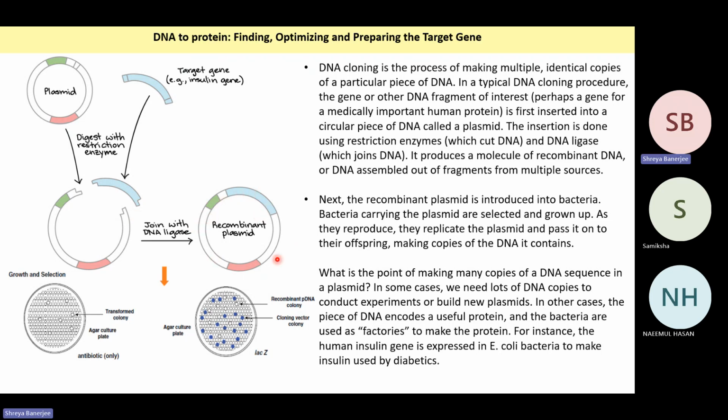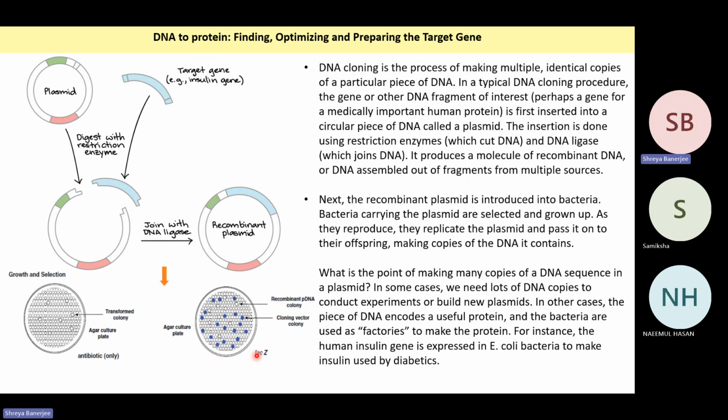Then the recombinant plasmid is introduced into the E. coli bacteria, and there is a selectable marker, shown in red here, which helps us identify which plasmid has been modified and which has not been modified. And then the E. coli bacteria is allowed to grow and reproduce.